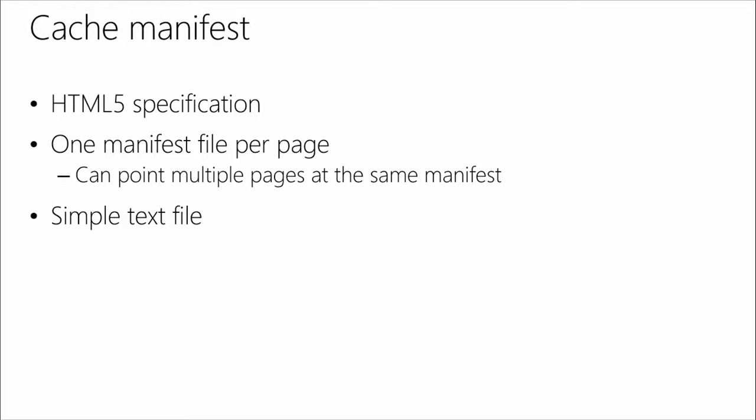Now, the cache manifest is an HTML5 spec. It does, of course, mean that not every browser is going to support this. And by the way, I should also highlight the fact that it's one manifest file per page, which is both a good thing and a bad thing. So in that way, if I want to enable offline support for a couple of different pages, I can set them up individually.